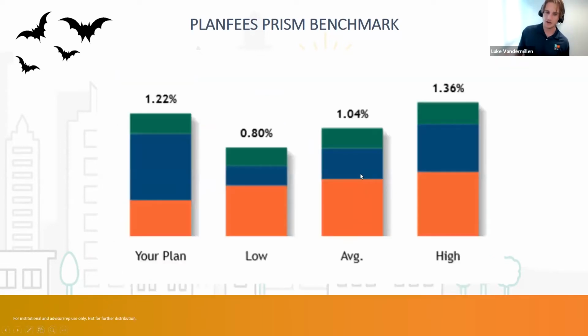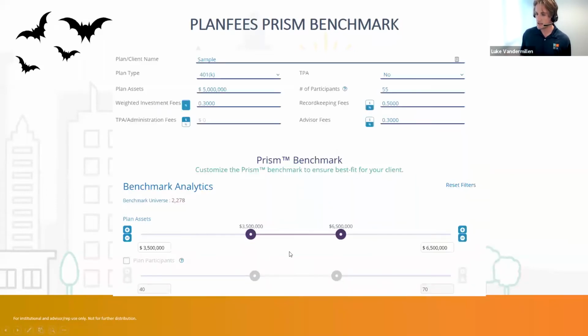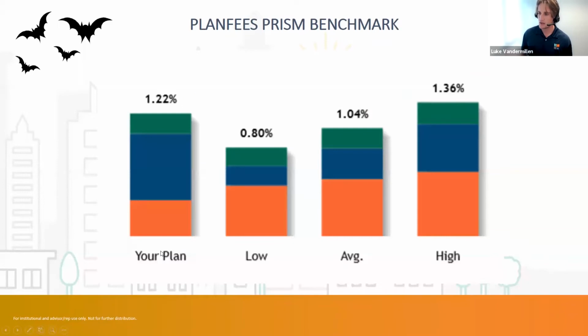Once you do that, you're going to get a breakdown of the current plan you see on the far left here, the total cost versus a low, average, and high of that universe that we were just talking about. And an important thing to note about the low, average, and high here is that this is actually reflective of the 25th, 50th, and 75th percentile of that data set that we were setting here when we were looking at plan size.